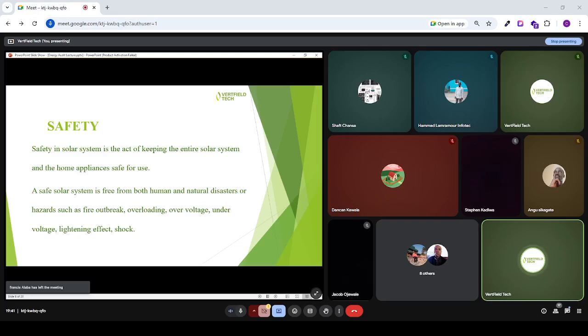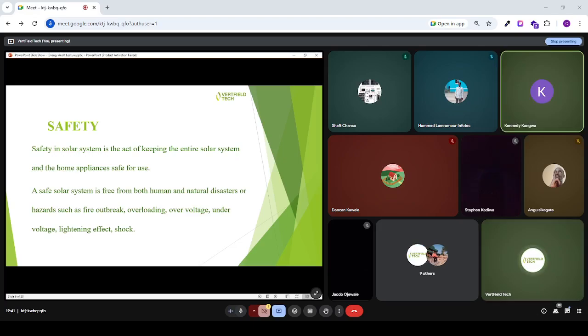What is safety? Safety in a solar system is the act of keeping the entire solar system and your home appliances safe. When you talk about safety, you are trying to not just safeguard the life of your home appliances or loads.